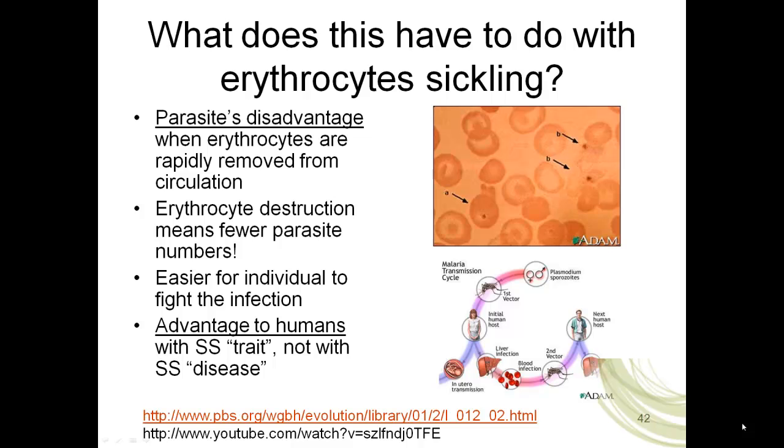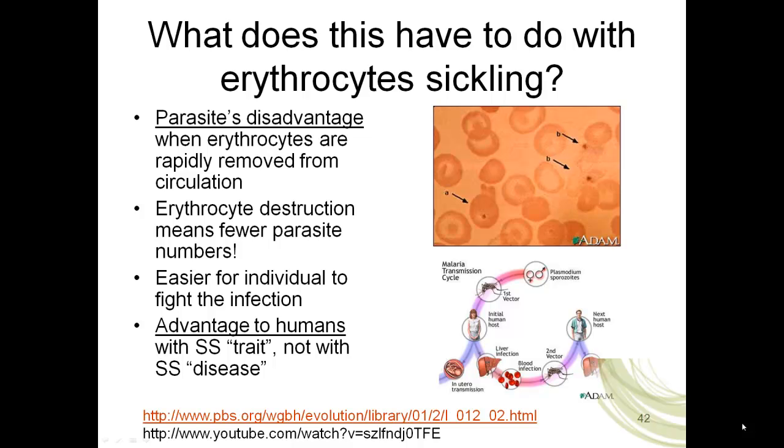And if it sickles, it will have less ability to get through the reticular fibers in the liver and spleen. And so it means then the macrophages are going to remove those sickled red blood cells that are infected with the plasmodium. And this means that the very red blood cell that the plasmodium is trying to hide in gets eliminated. It means you're getting rid of the parasite.